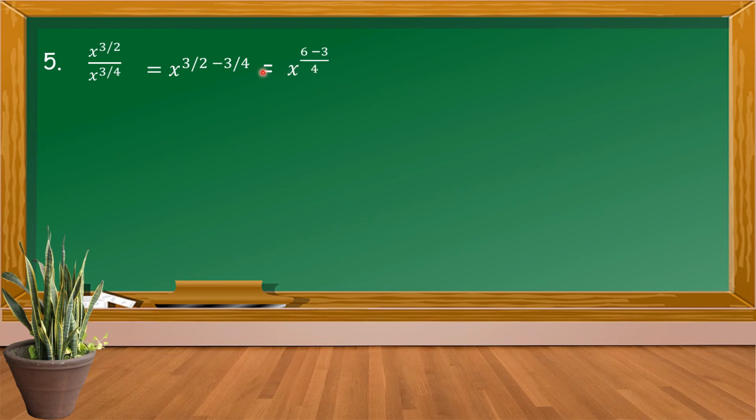We look for the LCD of 3/2 and 3/4, and that is 4. 4 divided by 2 gives us 2. 2 times 3 is 6. 4 divided by 4 is 1. 1 times 3 is 3. And we have an answer of x raised to the power of 3/4, because 6 minus 3 is 3, and we copy the denominator 4. So this is our final answer.